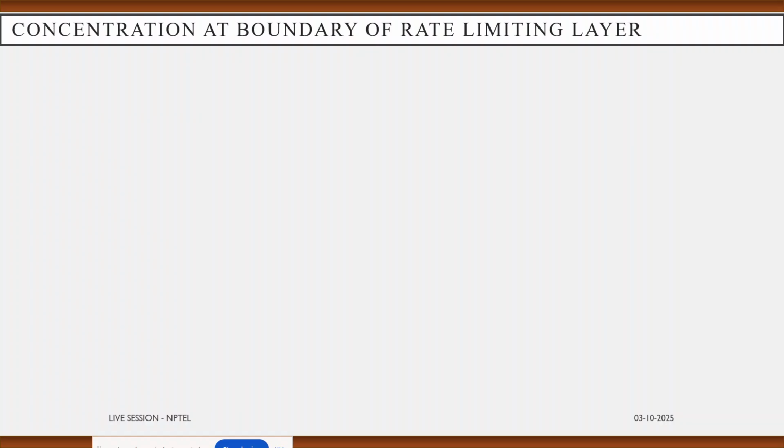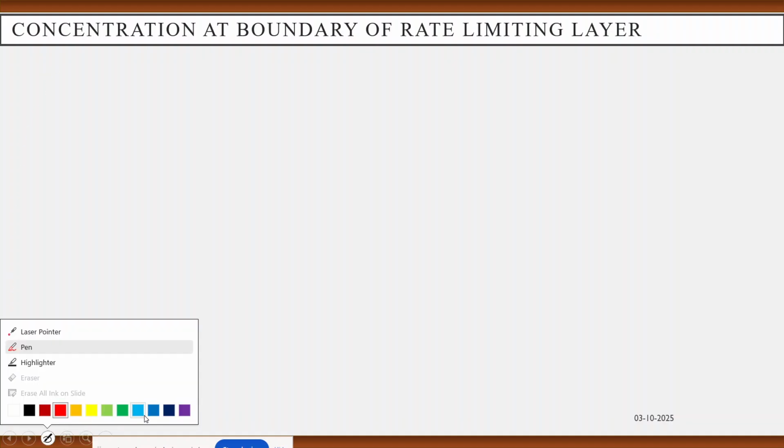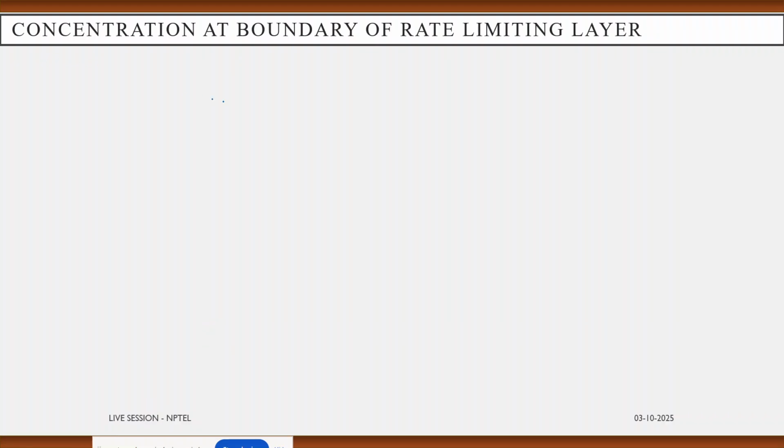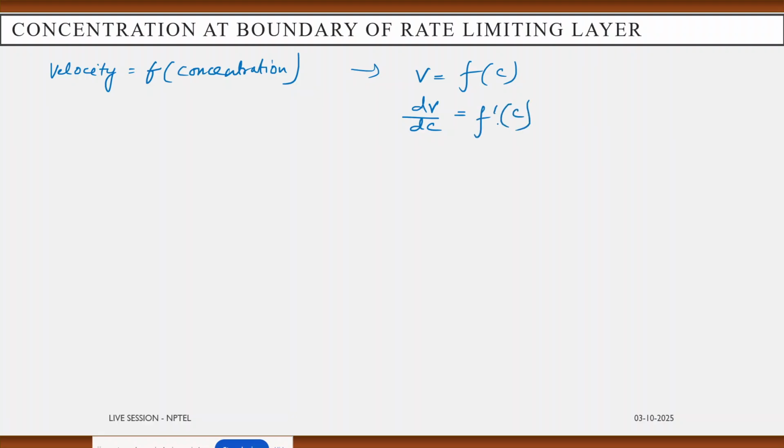In the expression that we got, we already know that velocity in any layer is a function of concentration. So V is a function of concentration, and dV by dC will also be a function of concentration.